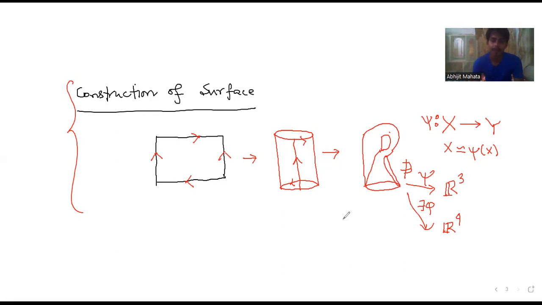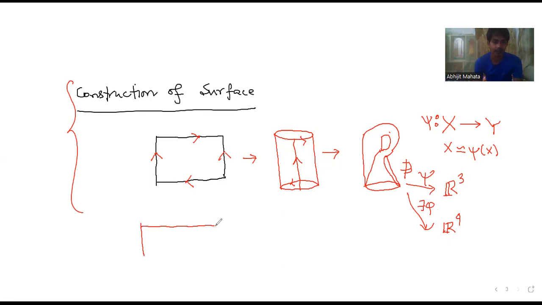Basically, a surface means it locally looks like a plane, right? At any point there is a neighborhood that looks like that. Now, there is one more nice example called the Möbius strip.